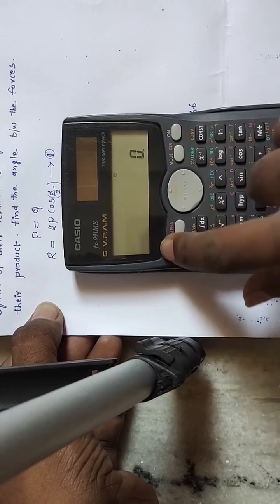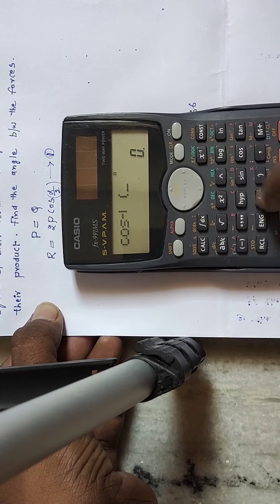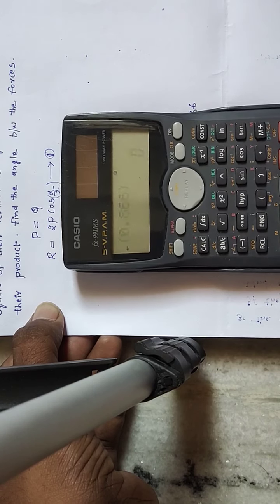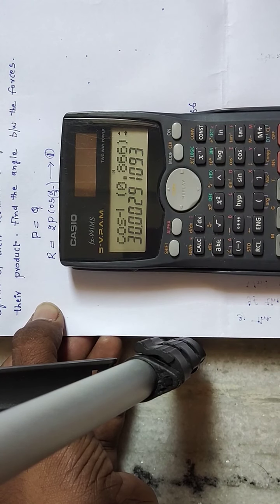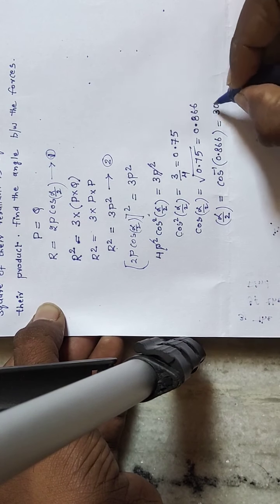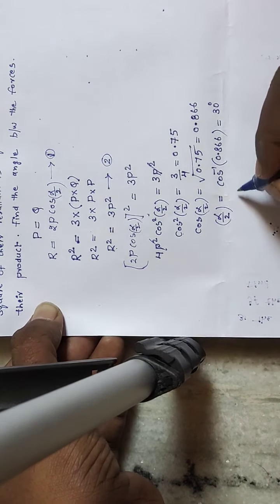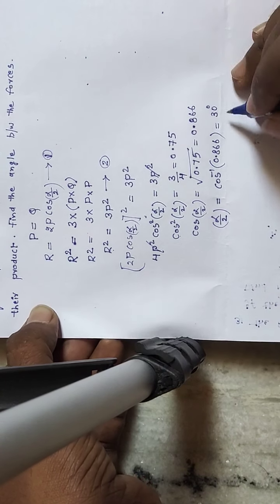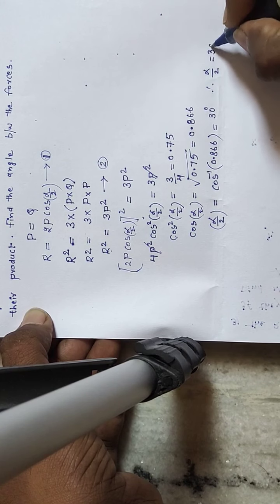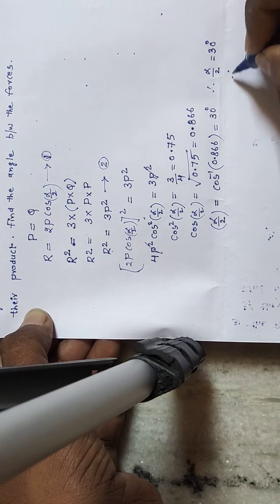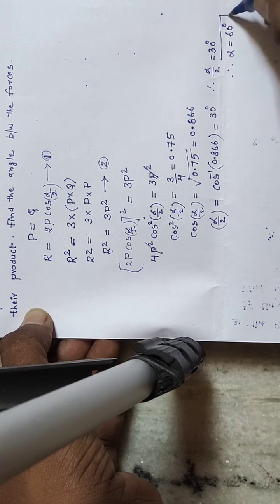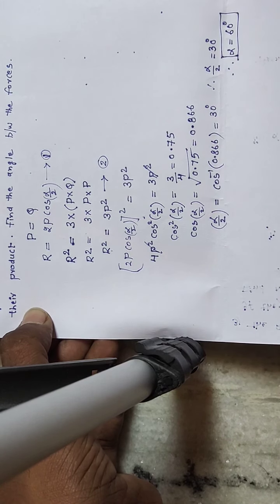Here shift cos inverse 0.866 equal to 30, which is in degrees, so 30 degrees. Therefore alpha by 2 equal to 30 degrees. So finally alpha equal to 60 degrees. So the angle between the two forces is 60 degrees.